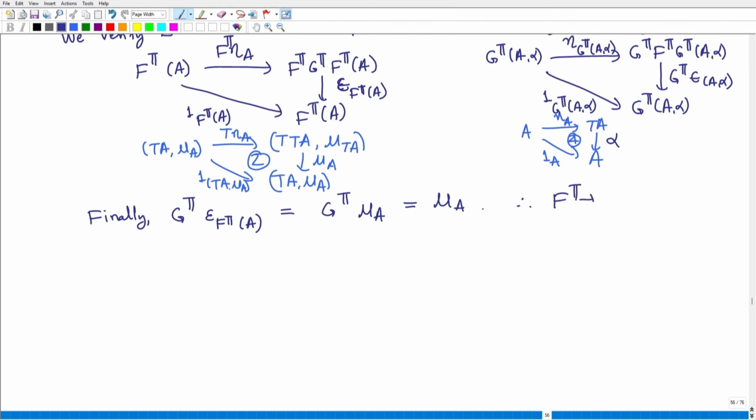Therefore F^T ⊣ G^T induces T. Think about the genius of Eilenberg and Moore, who came up with this construction that every free algebra construction is now just a single monad.